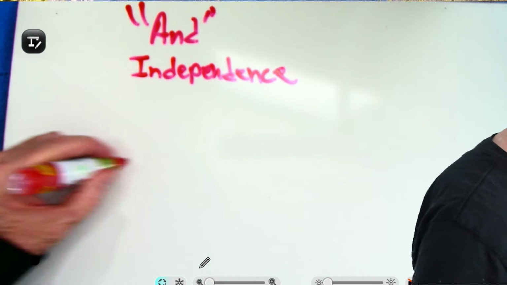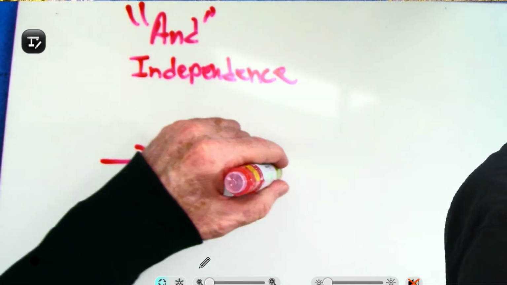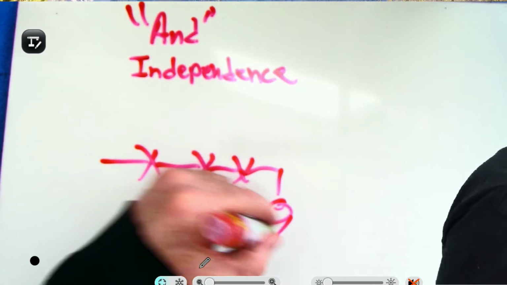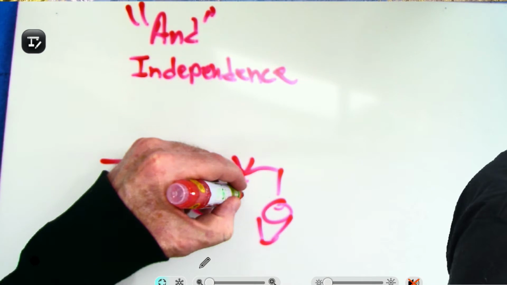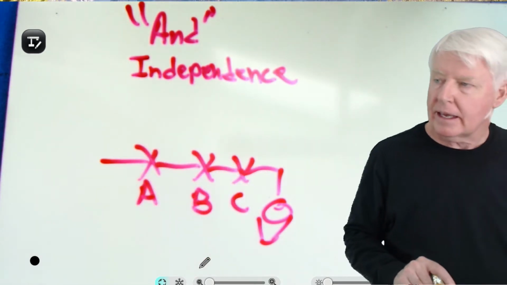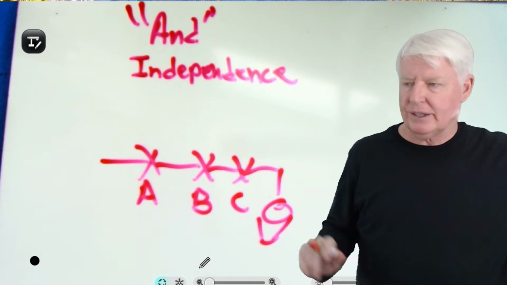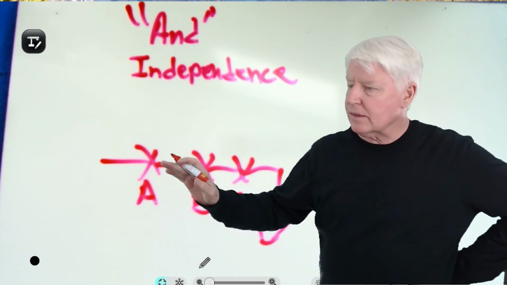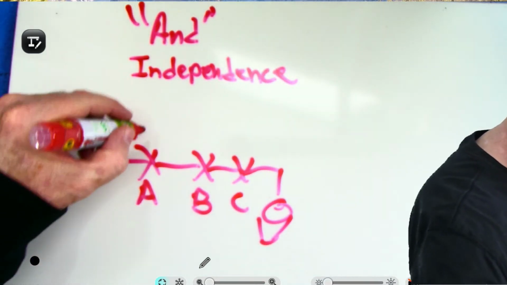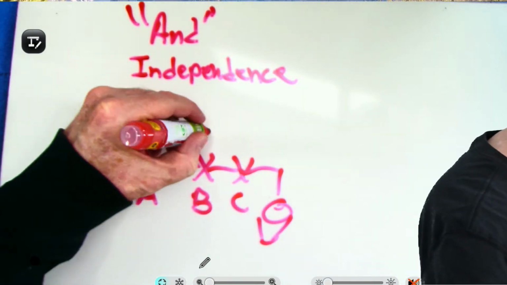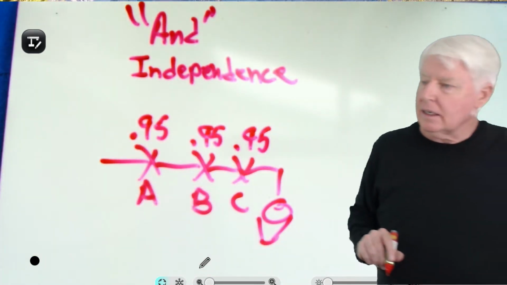Let's go back to this schematic, filling the bucket again, with valve A, valve B, and valve C. Independence means, and we're just talking about the valves here, not filling up the bucket, let's say the probability of valve A working at any given point in time is 0.95. We'll just make them all equal to 0.95.